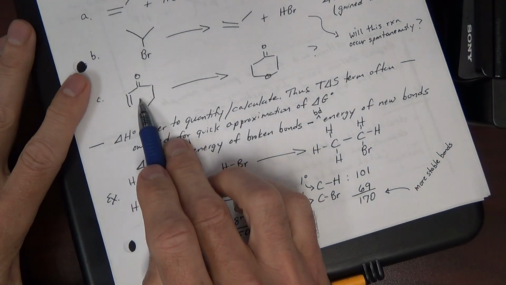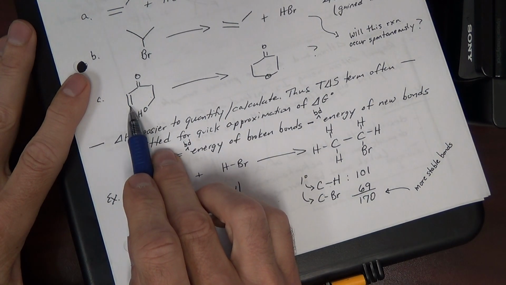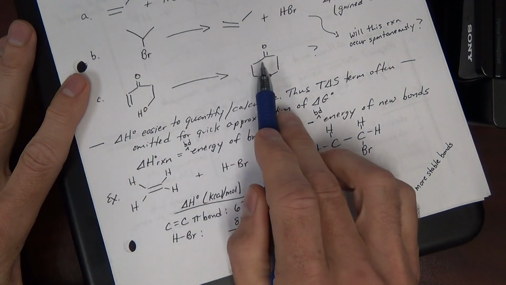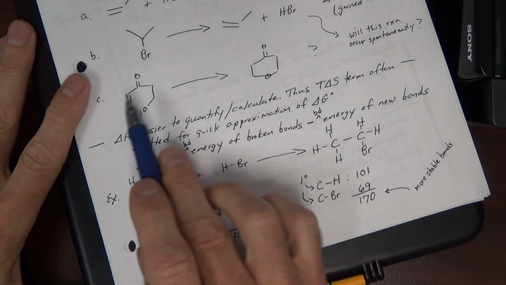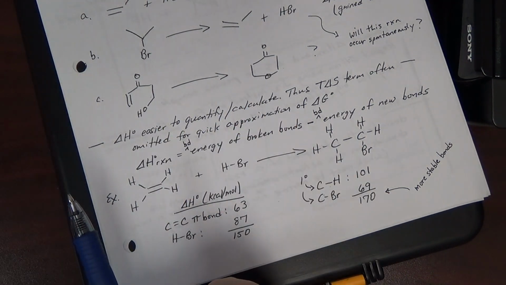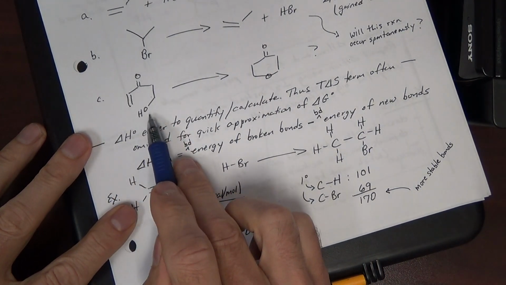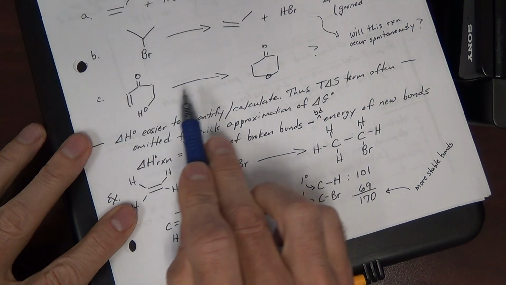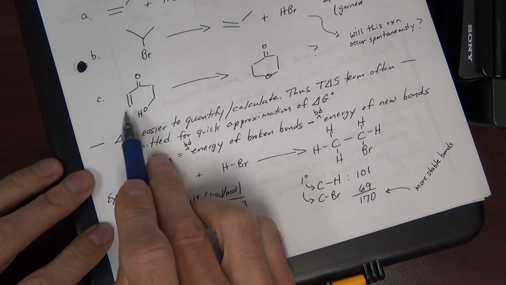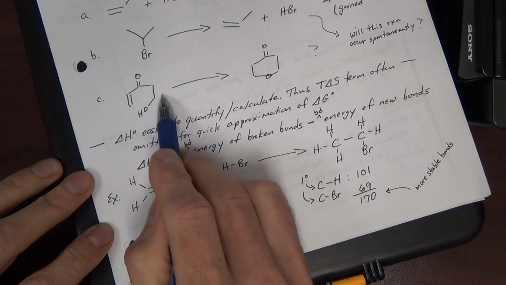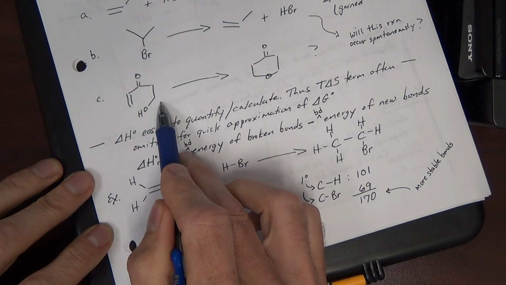Here, this 1 molecule forms a ring. The oxygen becomes bonded here. 1 molecule becomes 1 molecule. How do you judge entropy here? Well, this molecule has to become more ordered when it becomes a ring. In the open chain form, all of these bonds have free rotation, and there's lots of rotation possible here.